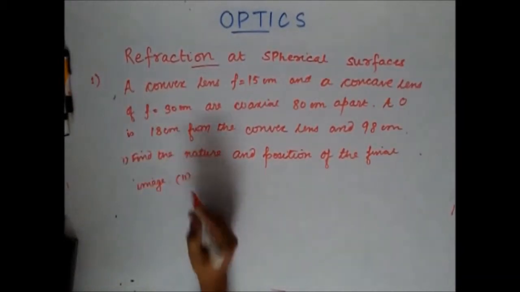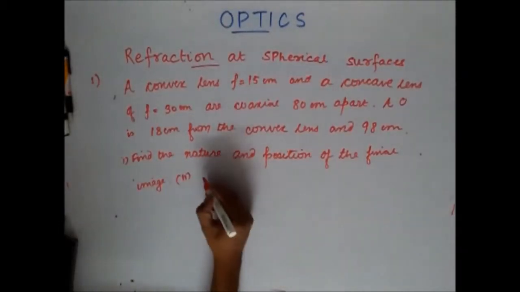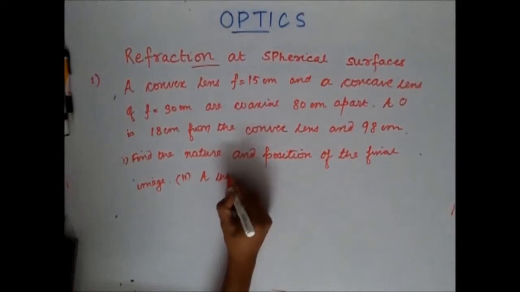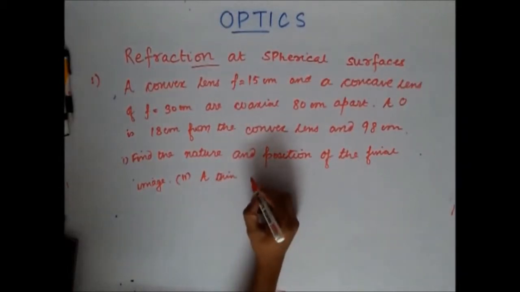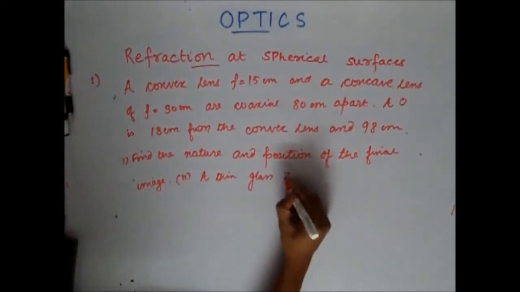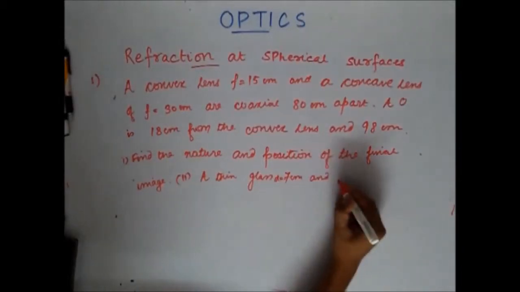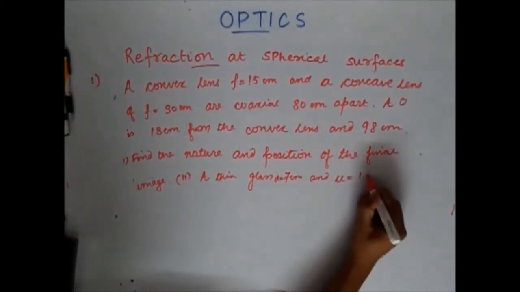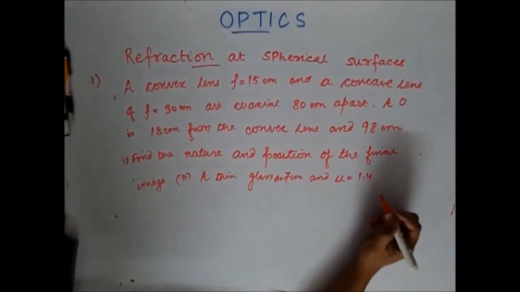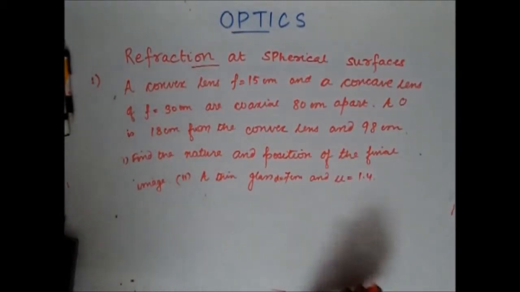Now in the second part, what it says is that a thin glass slab of thickness 7 centimeter and of refractive index 1.4 is interposed between the two lenses.